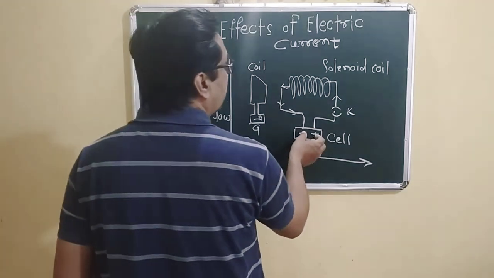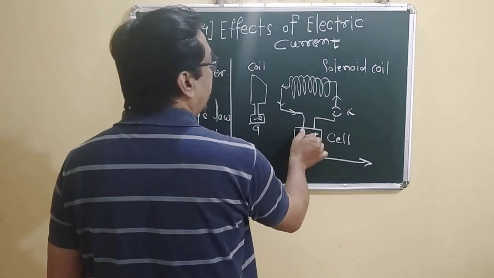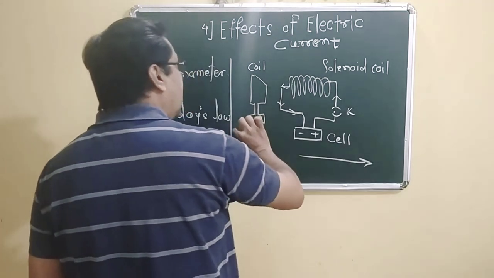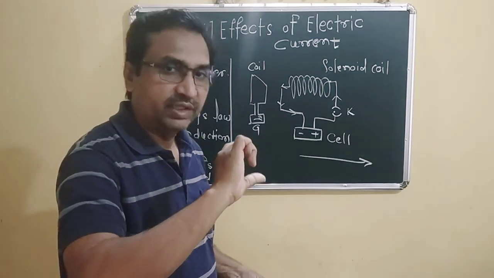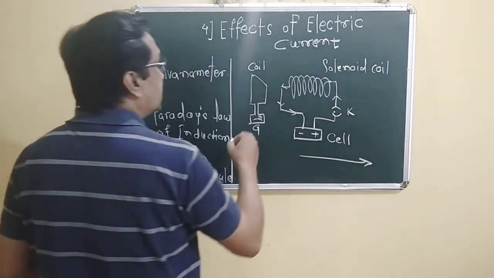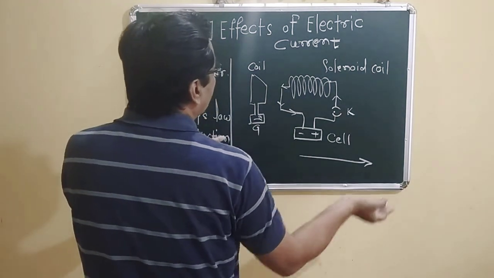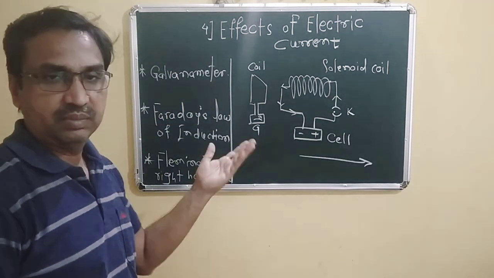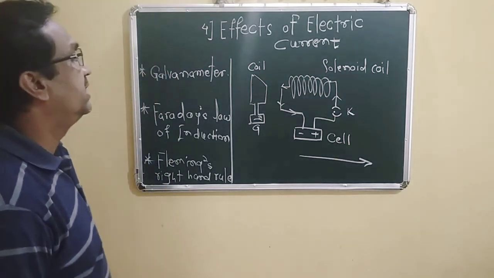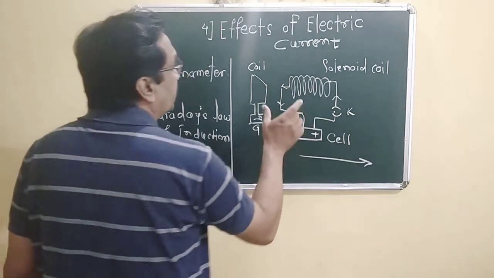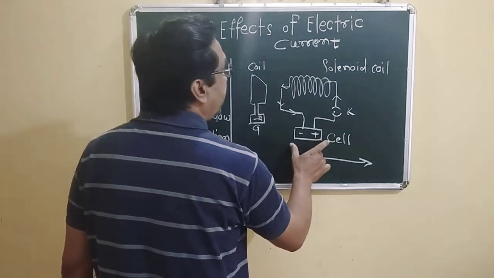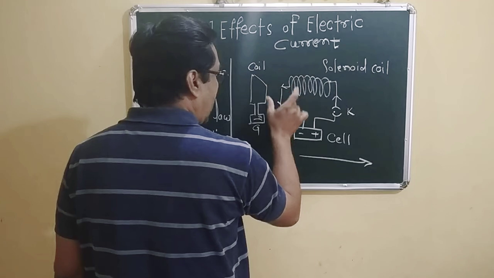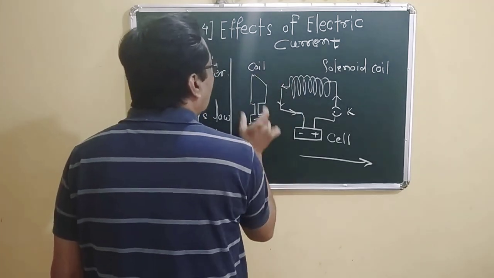If we change the polarity, there is a deflection in the galvanometer in the other way. In the first case it is in the right direction, and when polarity changes, it is in the left direction. So we can analyze that the movement of the solenoid coil causes electric current in the coil.